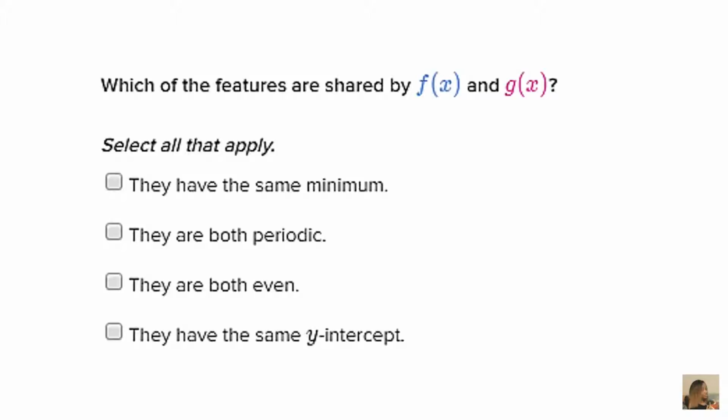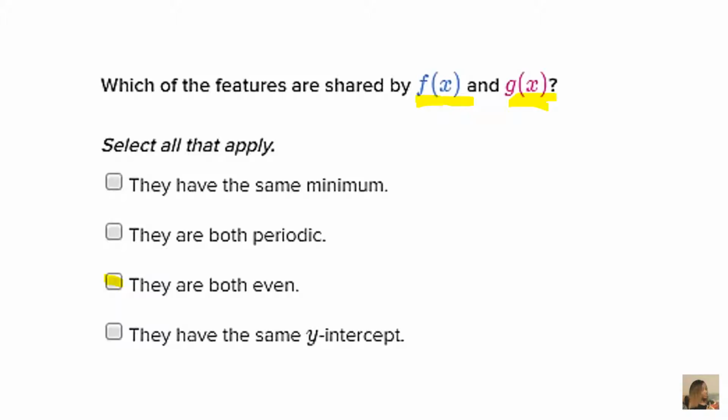So the correct answer is that both functions are even because f of x is equal to f of negative x, not negative f of x, and g of x, which is a parabola that's symmetric about the y-axis, is equivalent to g of negative x. If a function is symmetric about the y-axis, that also implies that it's even, okay?